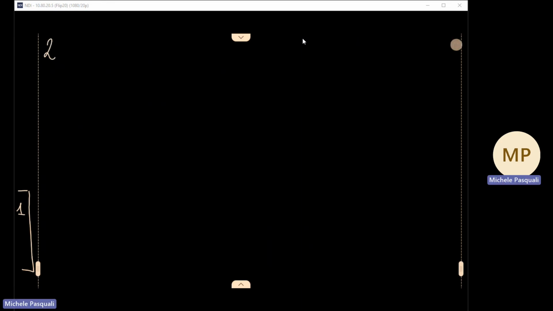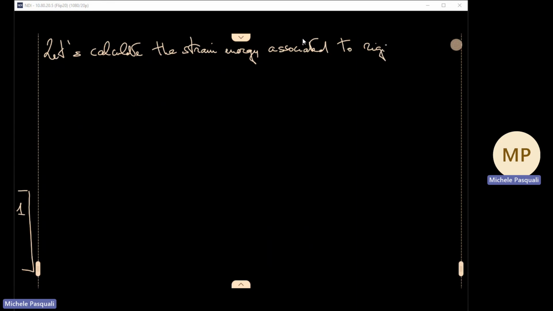So let's calculate the energy associated to rigid motion for the 1D beam element.